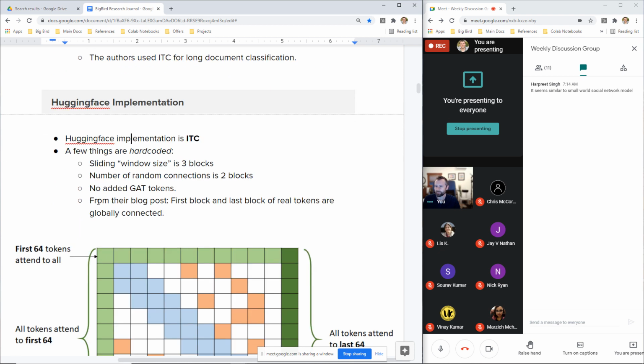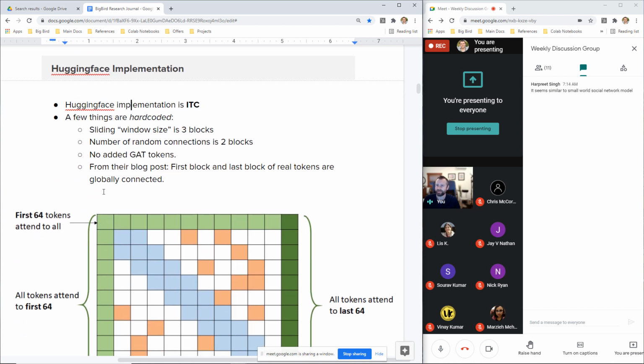Something like that, though. So the Hugging Face implementation is specific. It's got some hard-coded design choices in it. So I think it's interesting to look at since it's what we're actually using in our example code. So Hugging Face is currently just ITC. They don't support ETC. And there's a few things that are hard-coded for you.